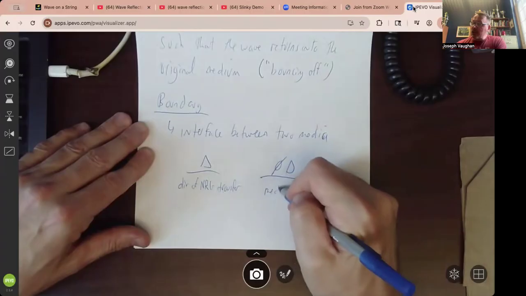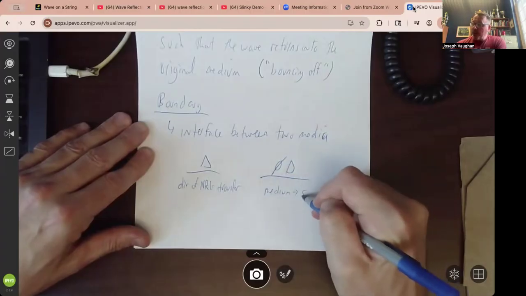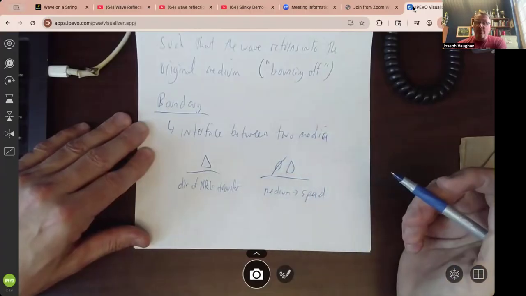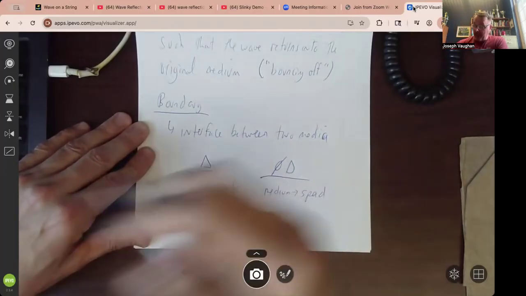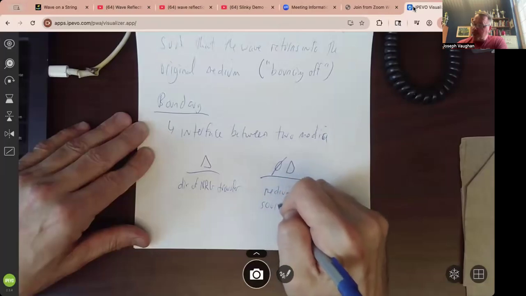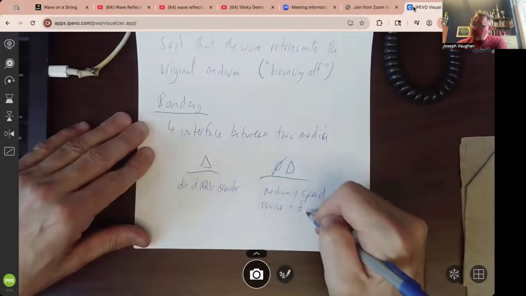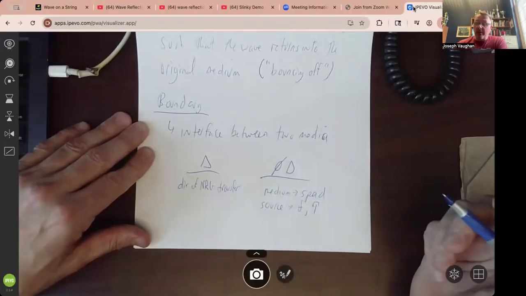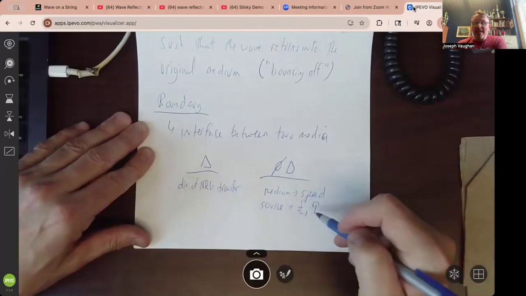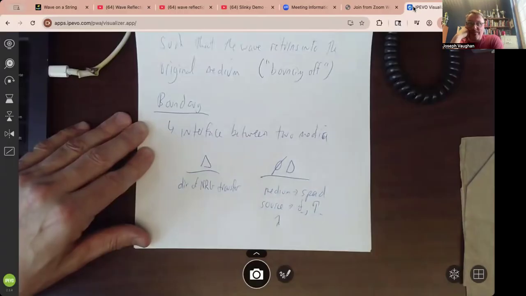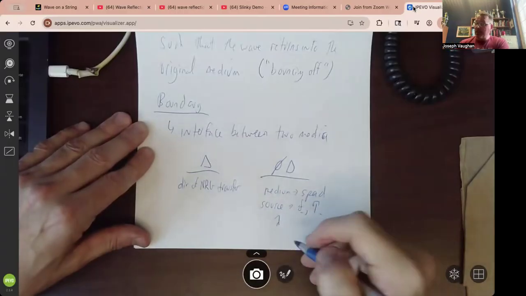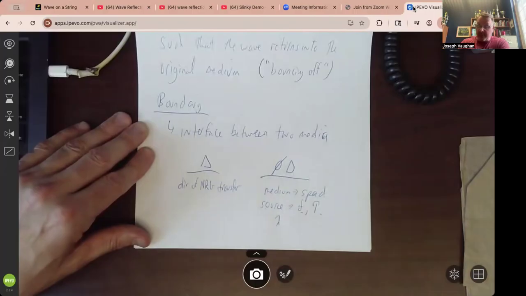And if the medium doesn't change, what doesn't change? Hopefully you said to yourself, the speed of the wave doesn't change. Great. Did the source change? No, right? Same source, therefore the frequency doesn't change. And if the frequency doesn't change, neither does the period. If the speed, frequency, and period are not changing, the wavelength does not change, right? Those things follow since wavelength is the ratio of speed to frequency.